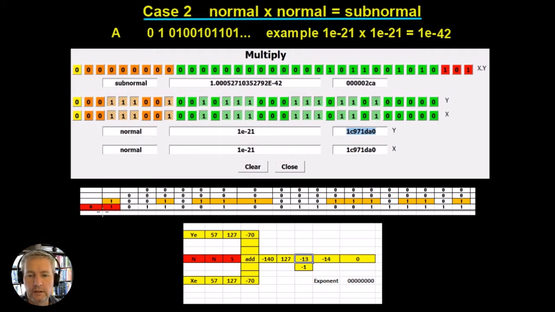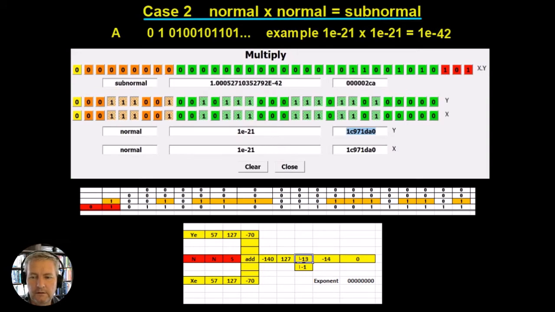So how are we going to generate that number of 14? Well, we generate that number of 14 from the difference between the exponent values. If we have our exponent value for x and exponent value for y, we're going to have 57 minus the 127, which gives us minus 70, and the same for the y value because they're both the same here. Whenever we add them together we get minus 140, and then we add the 127, which gives us minus 13.